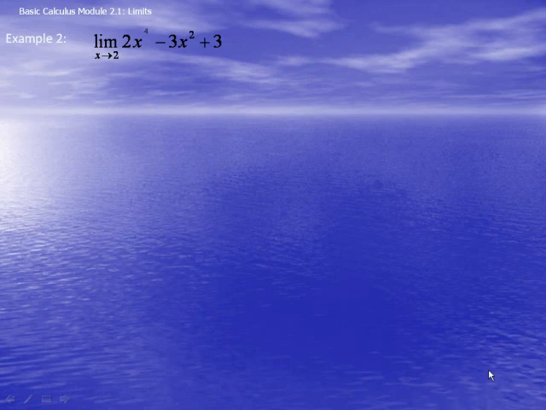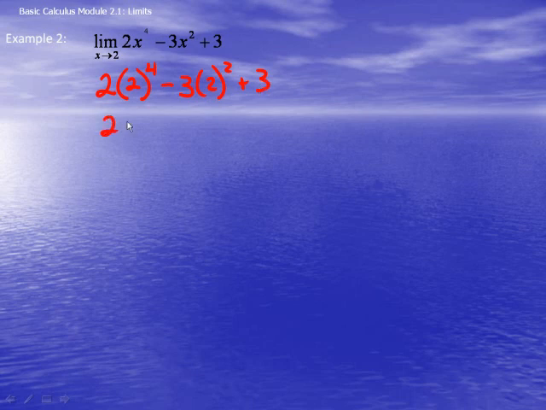In example 2, once again we have a polynomial, and we are looking at the limit as x approaches 2. Since we know that the polynomial is smooth, we're going to be able to once again substitute the 2 in for the x. That'll give us 2 to the 4th power, which is 16, 2 to the 2nd power, which is 4.